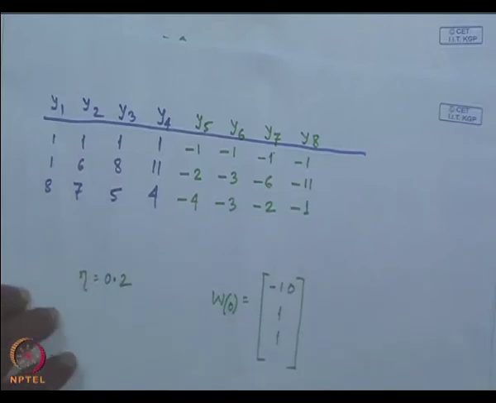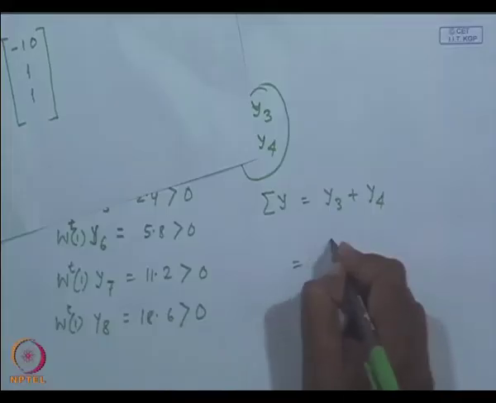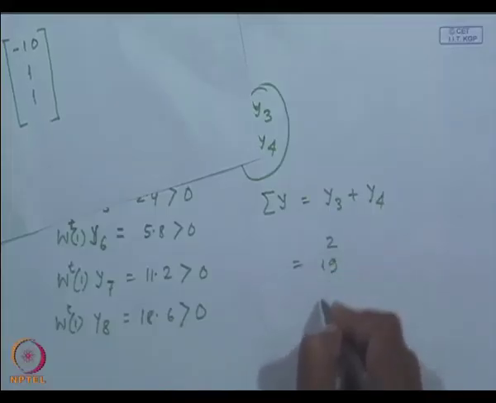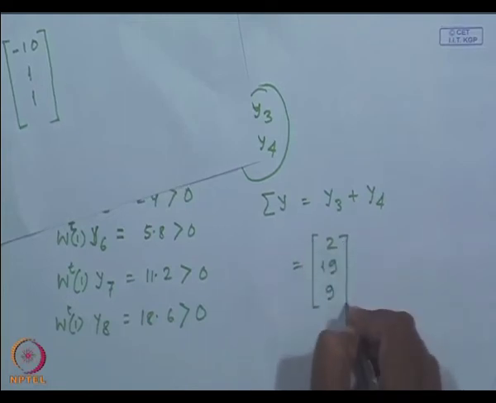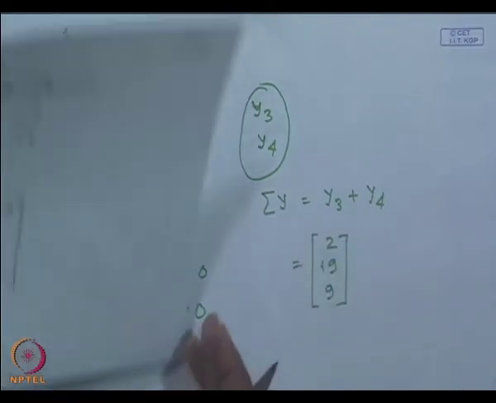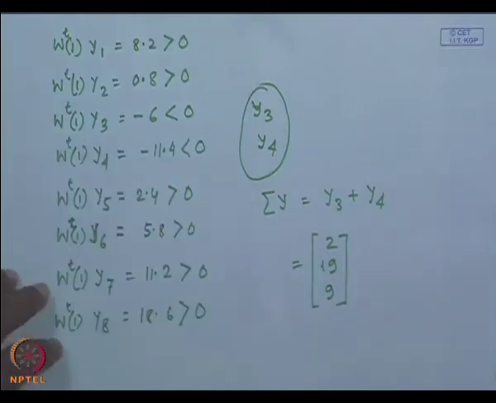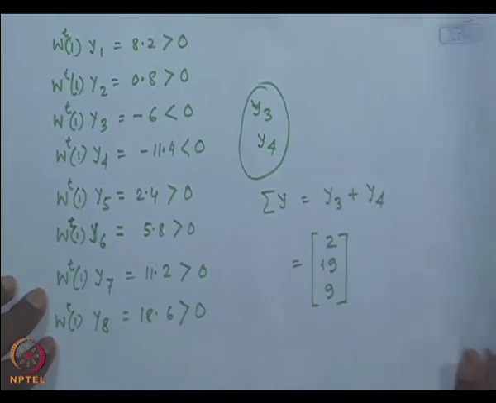If I add these two, I get 2, 19, 9. So, W2, that is the weight vector to be used at the next level of iteration, is nothing but W1 plus eta times the sum of y, or y3 plus y4.